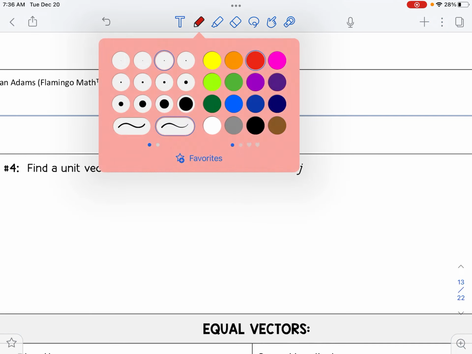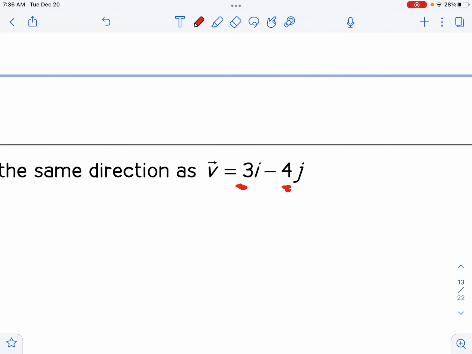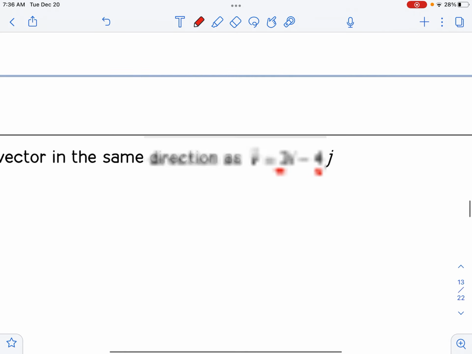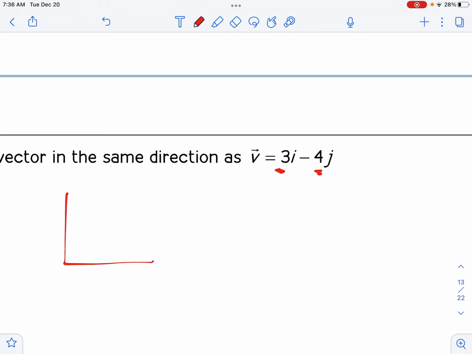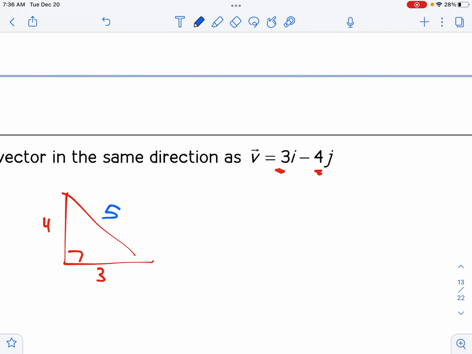So the first step will be to find the magnitude of vector v, which is pretty simple, right? We can see right here the horizontal component is 3, the vertical component is 4. So regardless of what direction this vector goes, it does make a 3, 4, 5 triangle. If it wasn't a 3, 4, 5, you would just have to use the Pythagorean theorem to find that side. So the magnitude of vector v is 5.